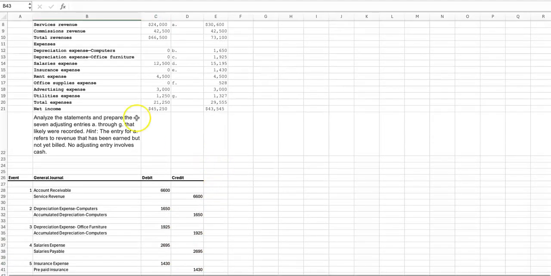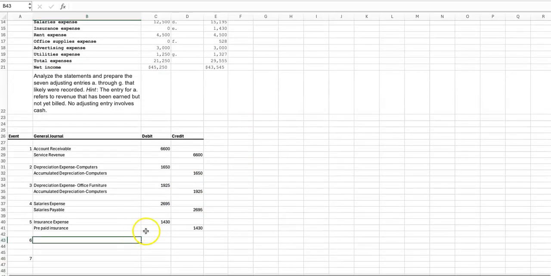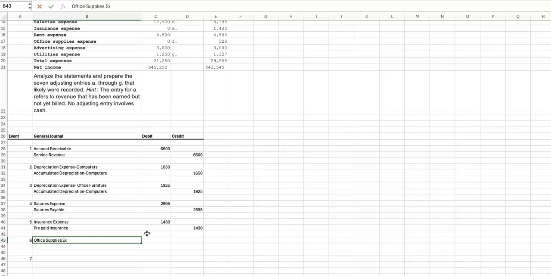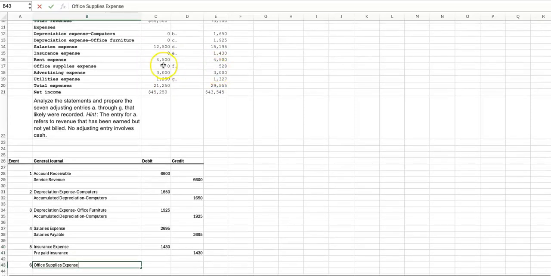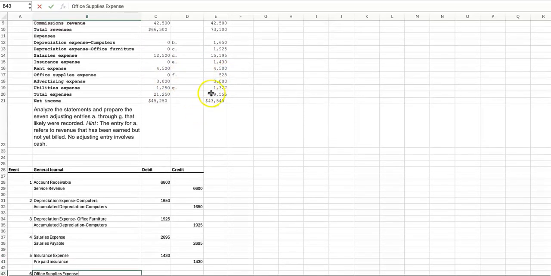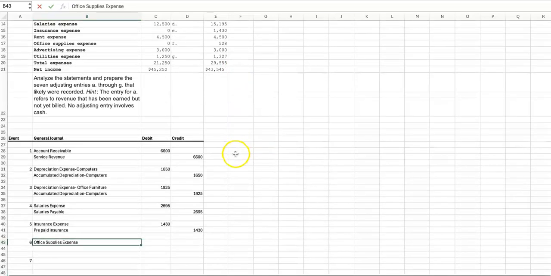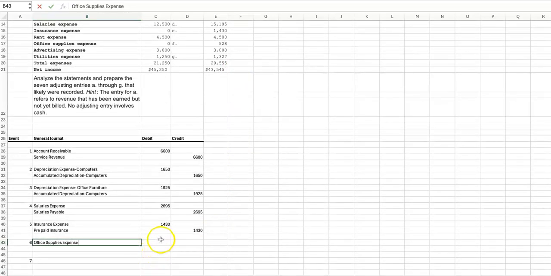So for number 6, it's office supplies expense. So this one, obviously, you'll put office supplies expense, and you will look at the difference. Originally there was 0, but now it's 528. So obviously the difference is 528. You're still going to debit it, for the expenses.